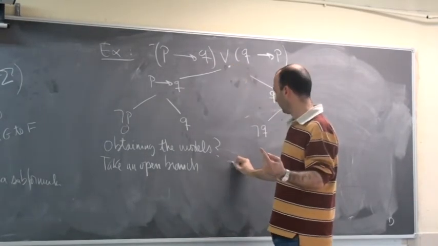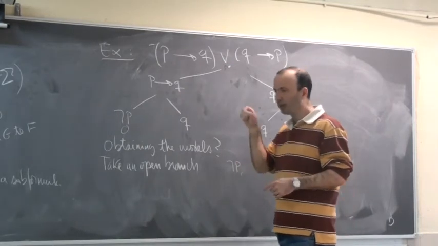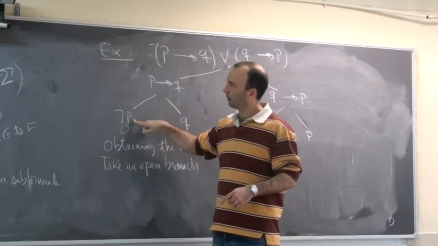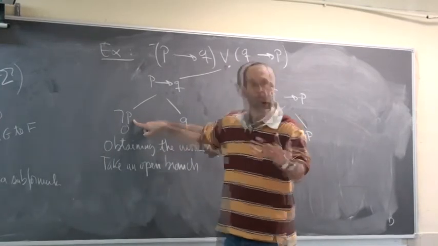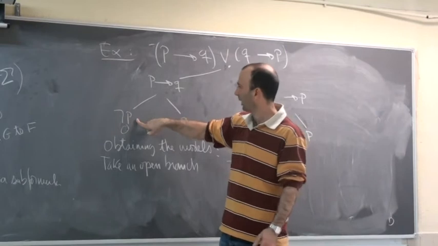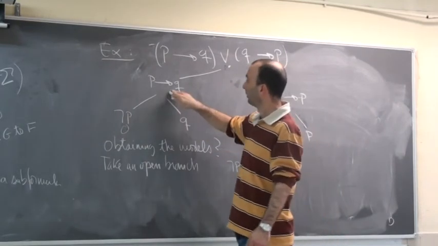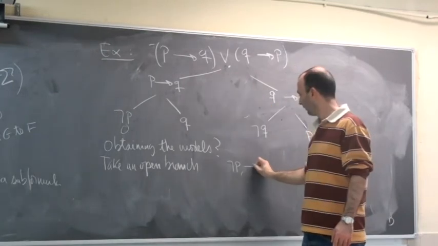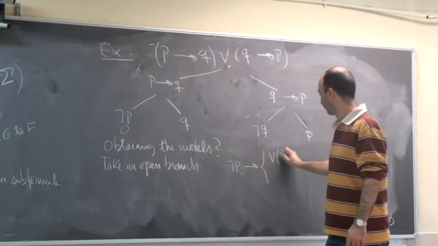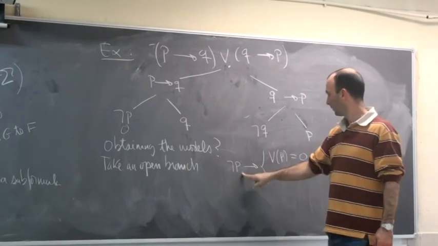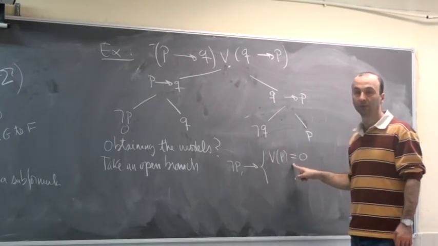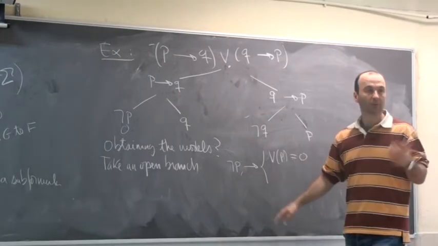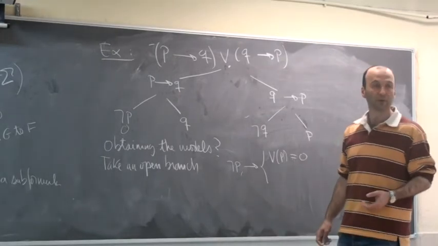In this case, I'm taking not P. And just write down all the simplifiable formulae that you find on your way. From here, I just find not P, right? Not P, nothing, and nothing. So this is giving me two models. P equals 0, because I found not P. And if I don't find Q, anything goes.